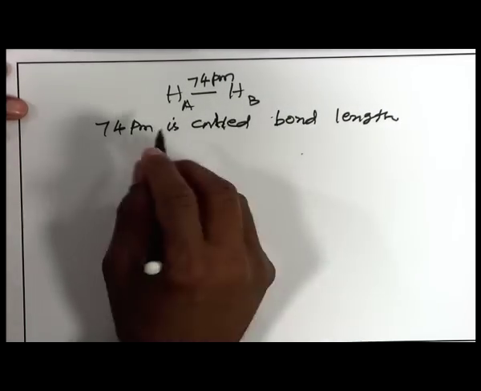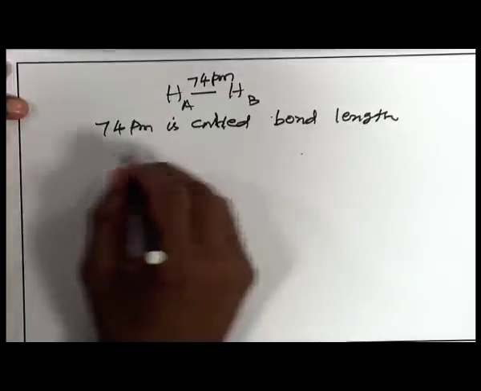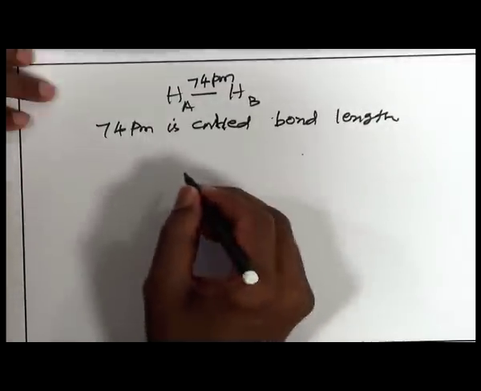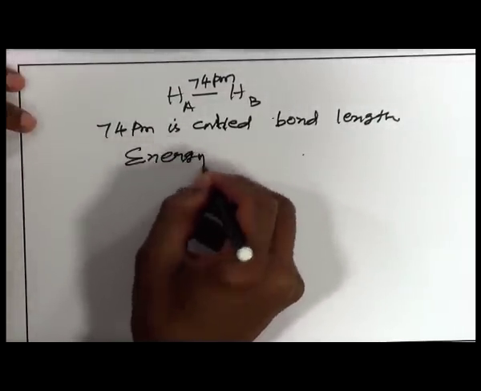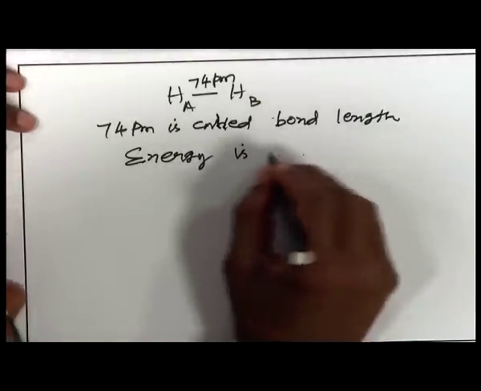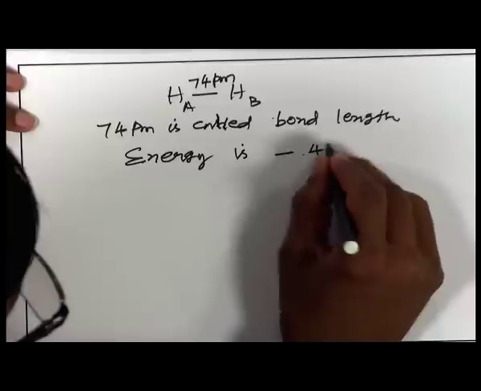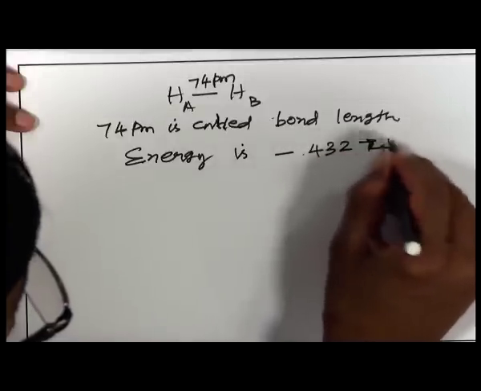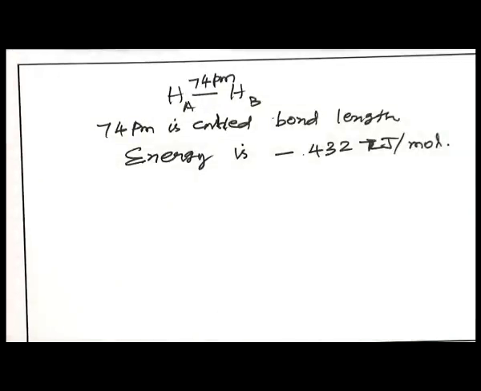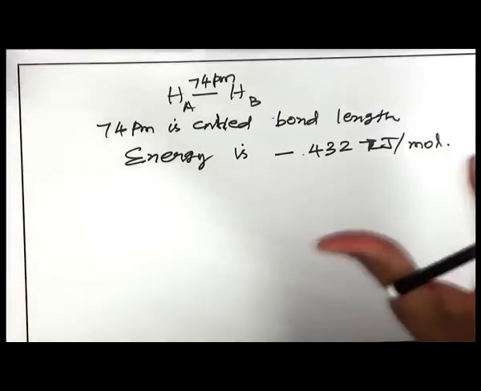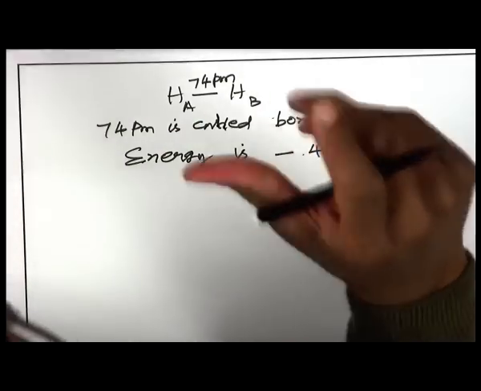And the energy at that distance, the electrostatic potential energy, is minus 432 kilojoules per mole. So, that much energy is released when two hydrogen atoms combine to form one molecule of hydrogen gas.